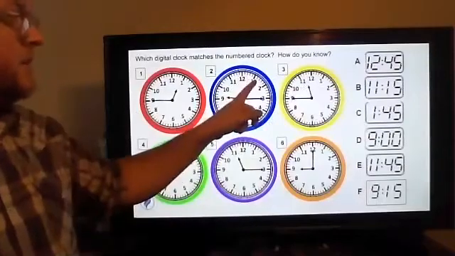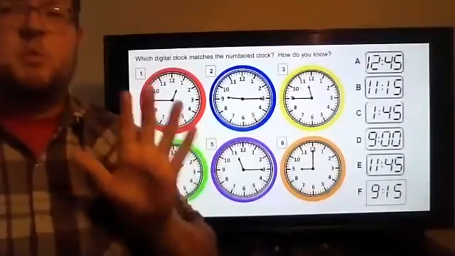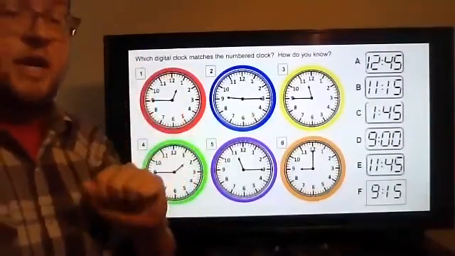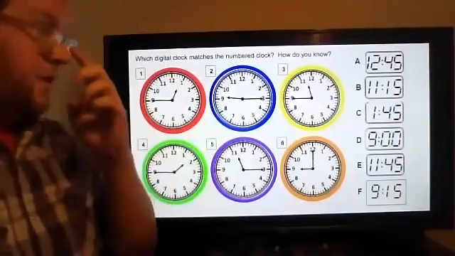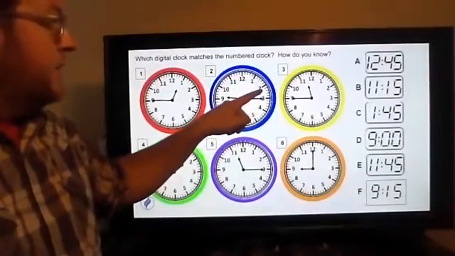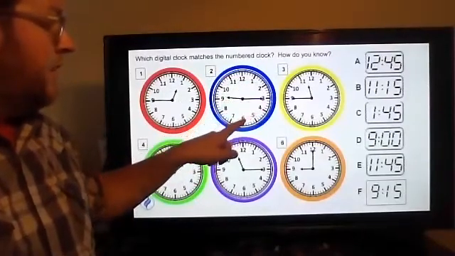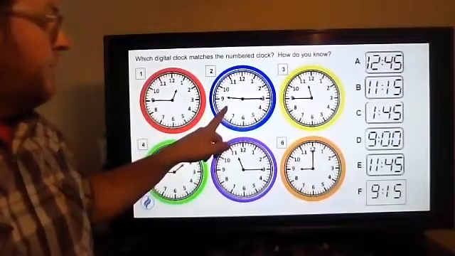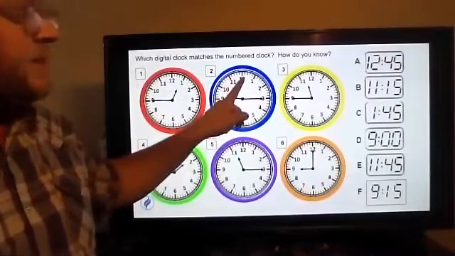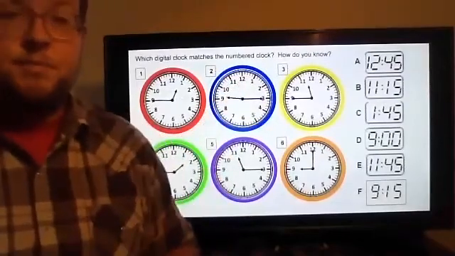But each of these larger dashes equals 5 minutes. And we're going to focus on the 5 minutes for this activity and for our next activity. So each of these equals 5. So there's 5, 10, 15, 20, 25, 30, 35, 40, 45, 50, 55, 60, because there are 60 minutes in an hour.